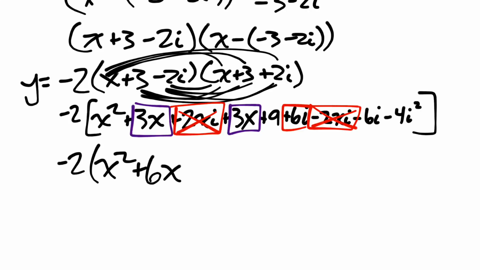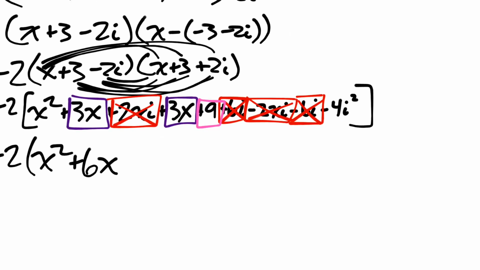Positive 6i cancels with a -6i. And we're left with a constant term of 9. And this -4i squared. But remember that i squared is -1, so that becomes a +4 right there to give us 9 plus 4 is +13.